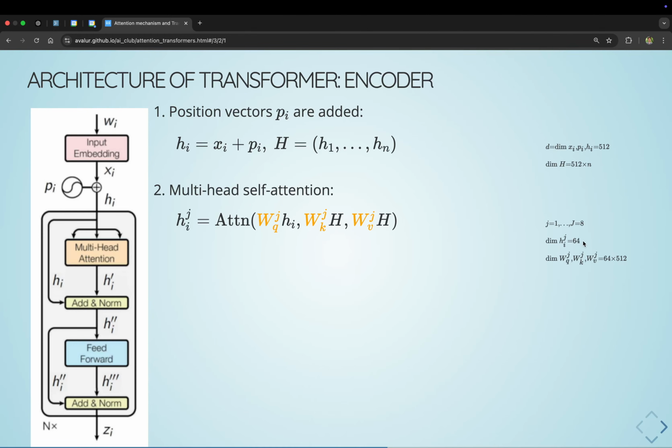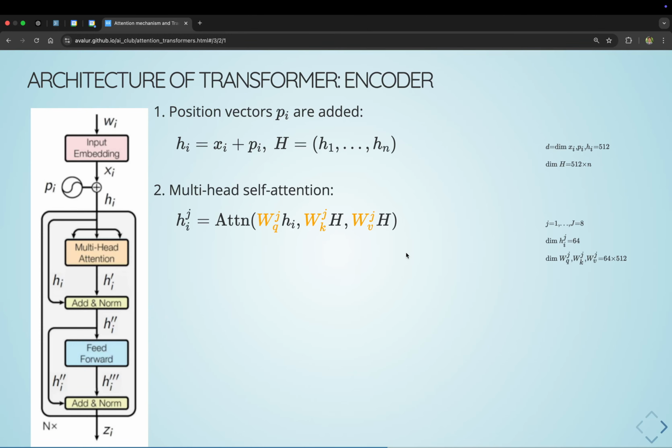The 64 is the final dimension, so the dimension of the result, and 512 is the dimension of the input. So, for example, hi has the dimension of 512. That's why we can multiply these matrices by the vectors and get 8 different vectors hij with 64 numbers each.